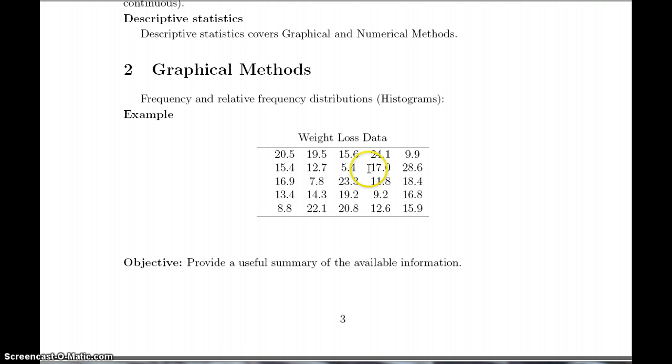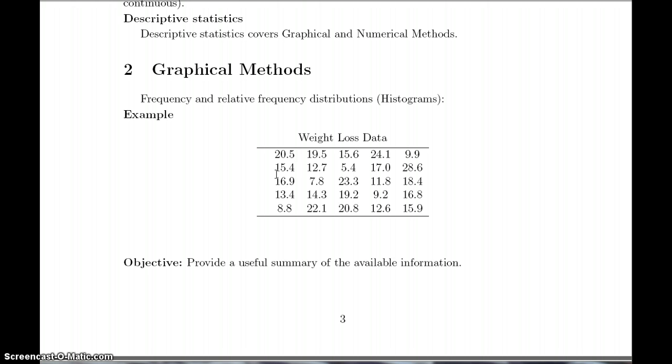If you look carefully, you'll find the least amount of loss was 5.4. The highest loss was 28.6.